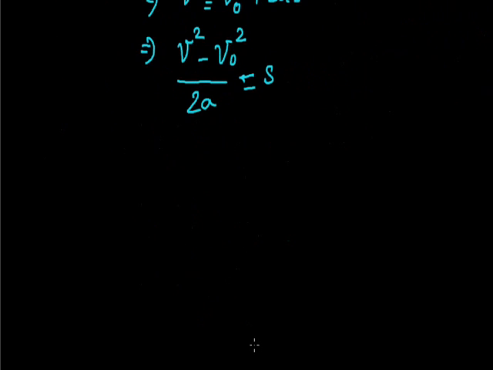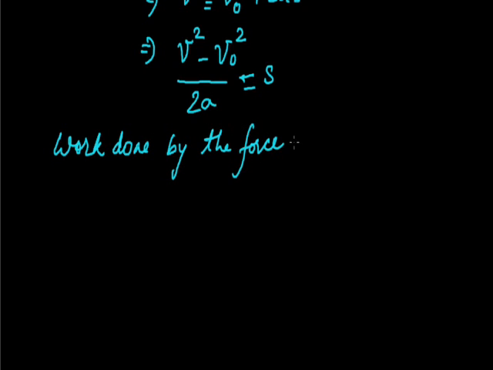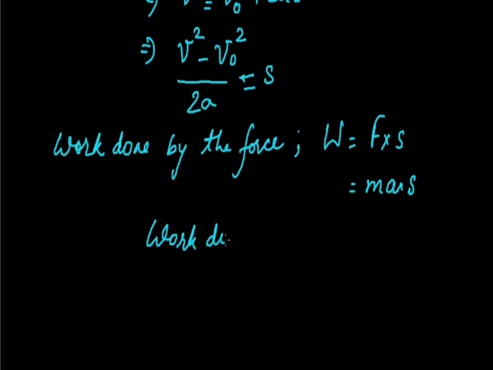As we know that the work done by the force under this process can be written as F into S, as force is equivalent to mass into acceleration into S. That's why we can write that the work done on the object, which is here W, should be the change in kinetic energy occurred in the object.